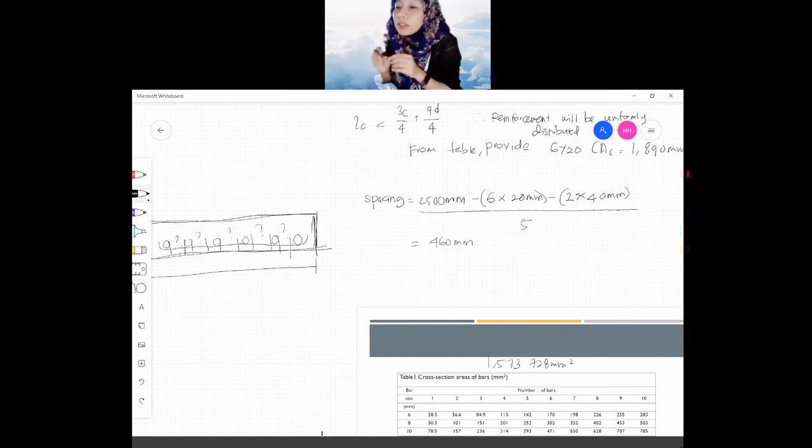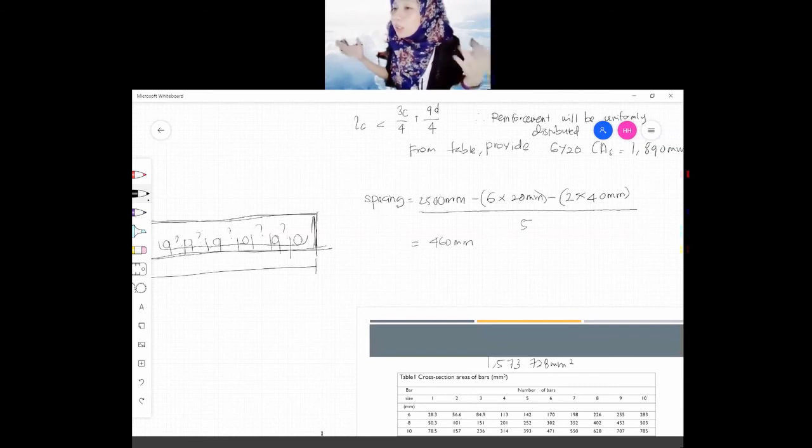Tapi this one sebab foundation tu besar, bila besar, bar dia akan jadi banyak. So bila banyak, kita bukan risau dia tak cukup gap. Kita risau dia terlebih gap.